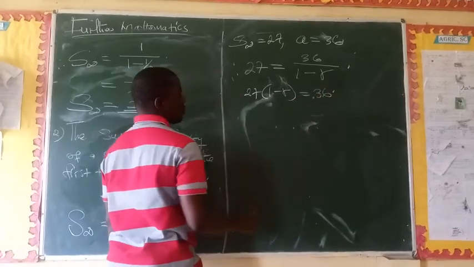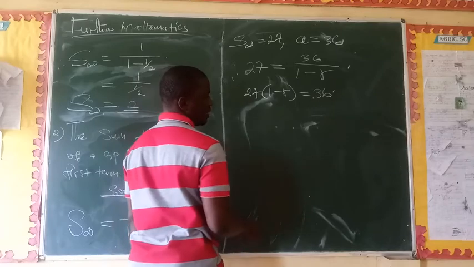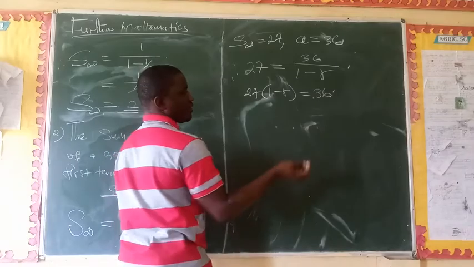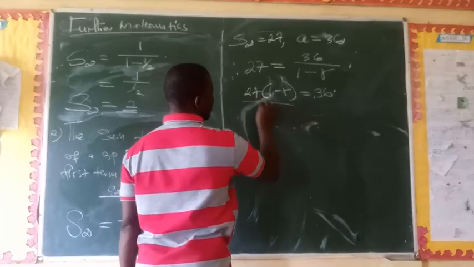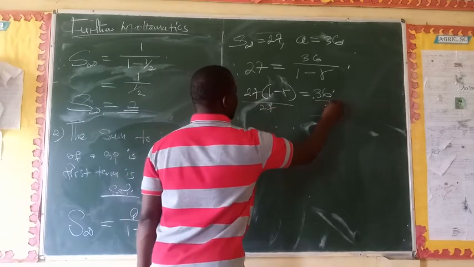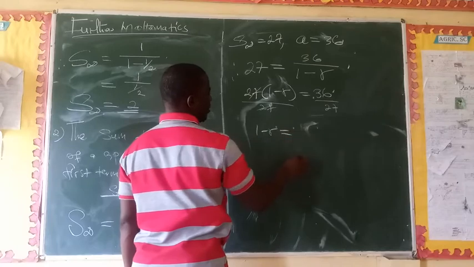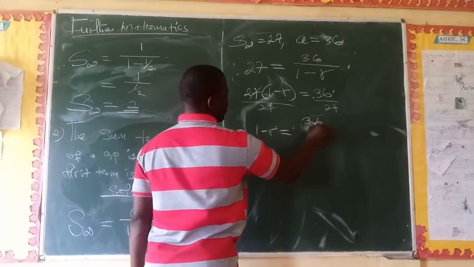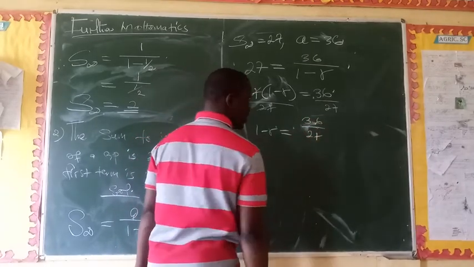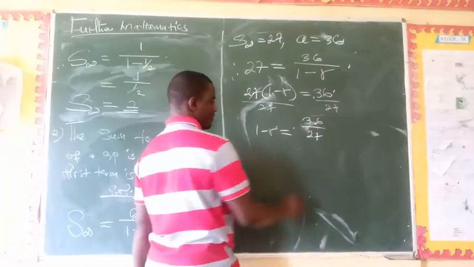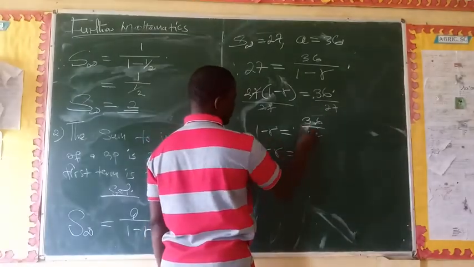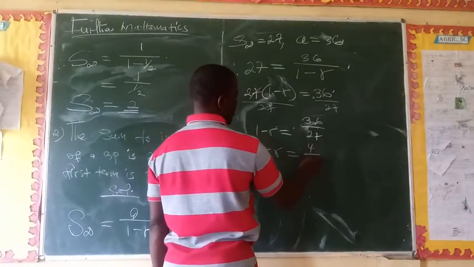Okay, so we can solve it in many ways, but I'll just divide throughout by 27. So if I divide through by 27, 1 minus r is equal to 36 over 27. 9 can go into both, so 1 minus r is equal to 4 over 3.